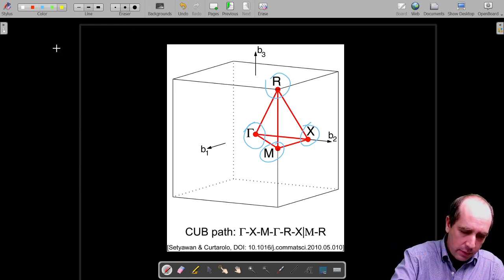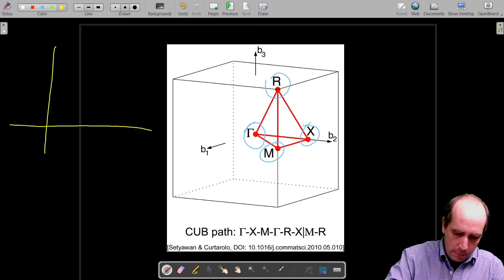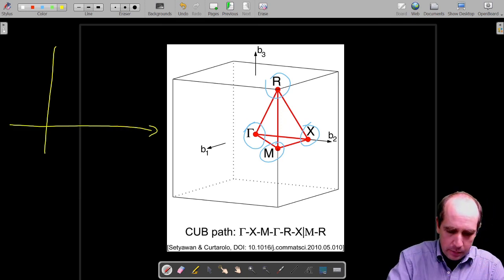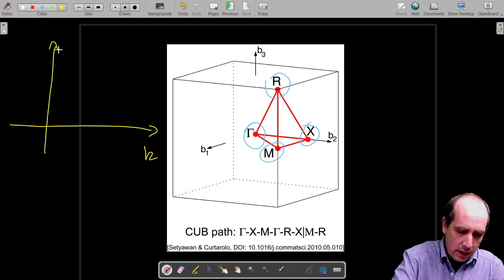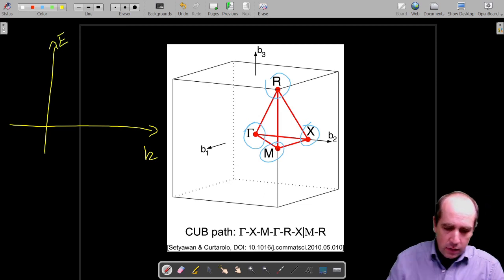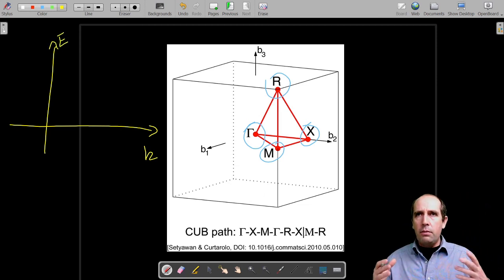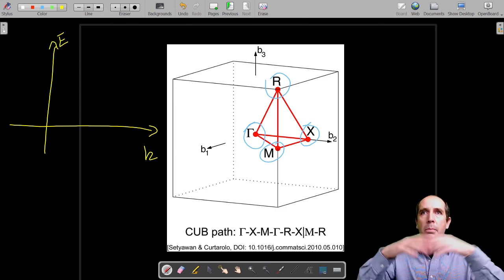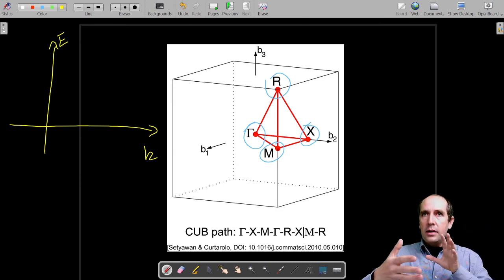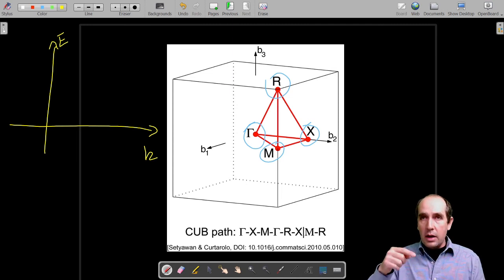So you will have, for example, here the k vector, and you will have here the energy. However, if we want to give the band structure, what we would have to do is to draw a hypersurface of these three-dimensional variables. So it's a function of kx, it's a function of ky, and it's a function of kz.